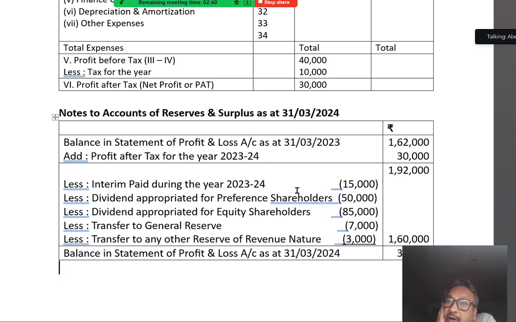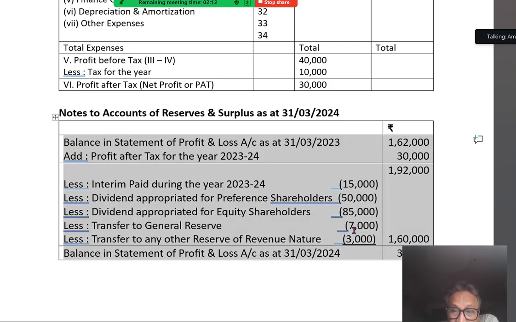Sir, the refund of tax that you're asking, or return of tax? Sorry, refund of tax. Refund of tax will get adjusted with this tax itself, right? Okay, sir. So that refund of tax does not come here at all.